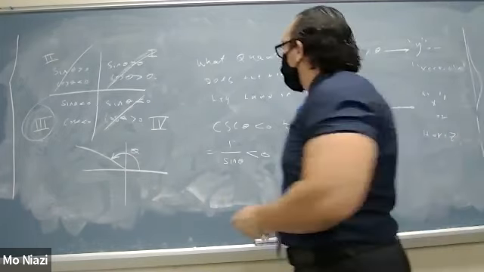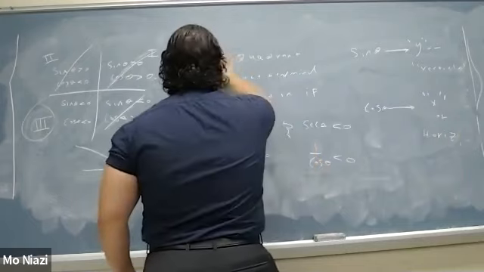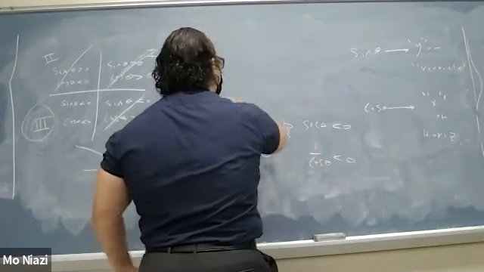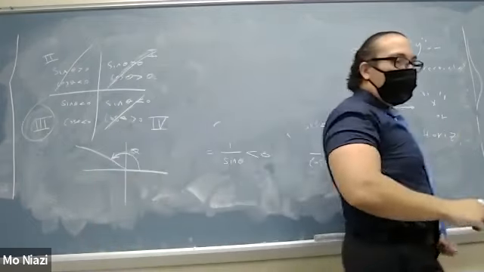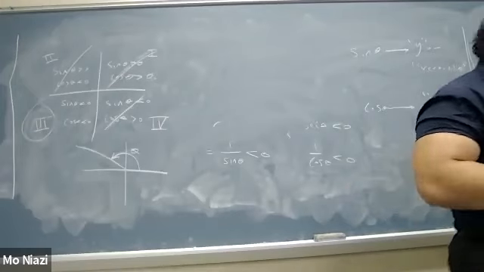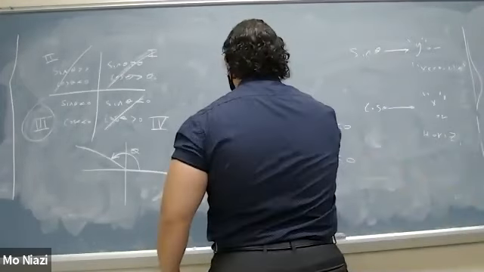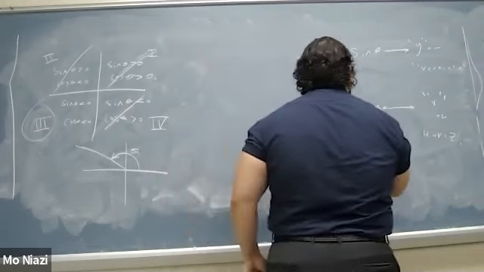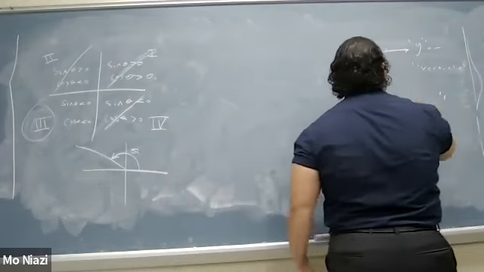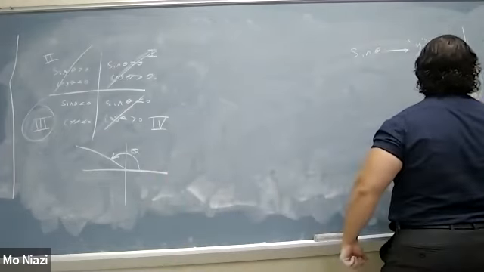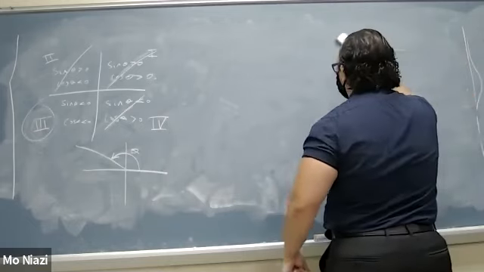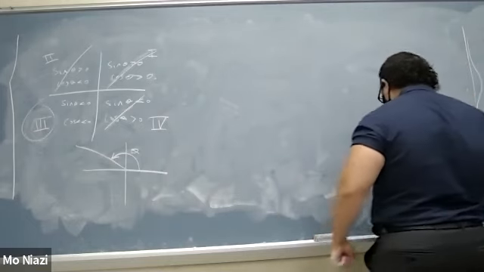To finish off, let's talk about quadrantal, or what do they call it? Quadrantal angles. That's right, quadrantal angles. I always almost say quadrilateral angles, but that doesn't make sense.